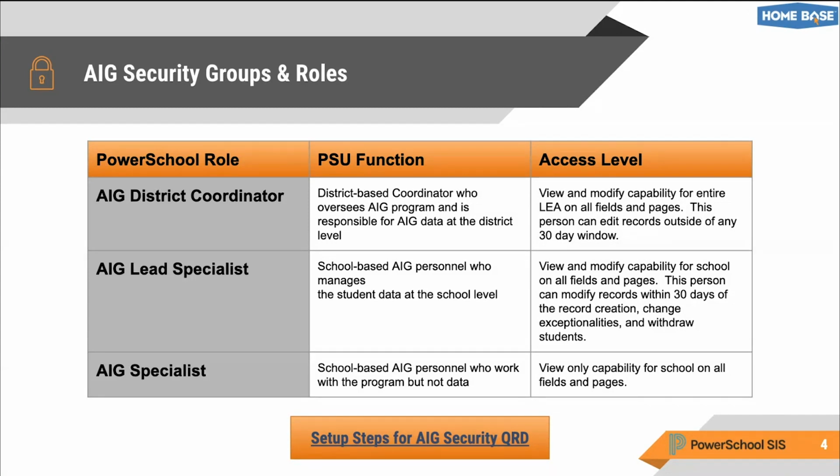We have the AIG District Coordinator, the AIG Lead Specialist, and the AIG Specialist. And from my perspective, in terms of gifted programming, these roles do not necessarily relate to having specific AIG staff in your district that have these titles. This is really about thinking about the individuals in your district who have a need to access the student data and perform a variety of functions.